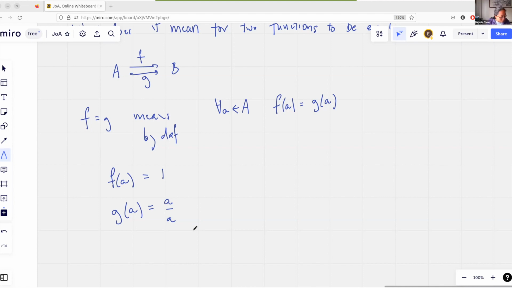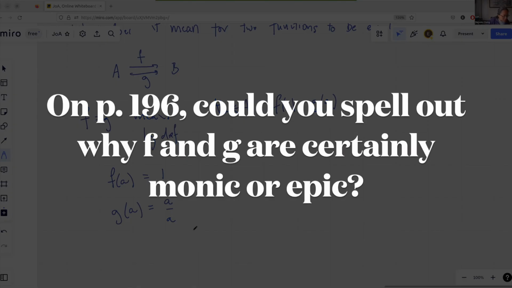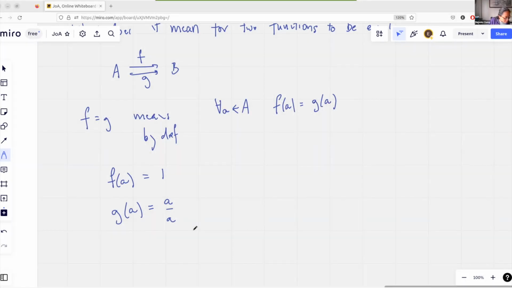Very good. Okay, so some more specific questions. Page 196: could I spell out why F and G are certainly monic or epic? This appears to be definition 15.7, where if you have a one-sided inverse, then F is certainly monic.